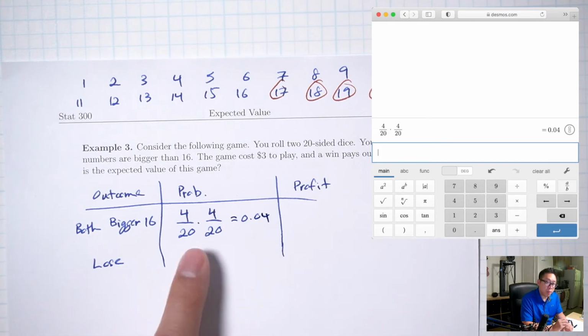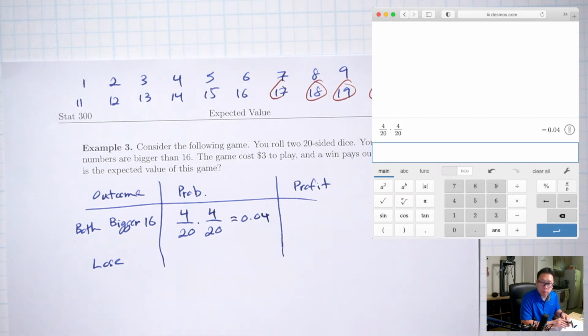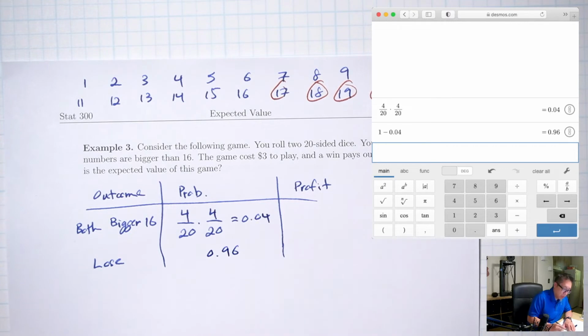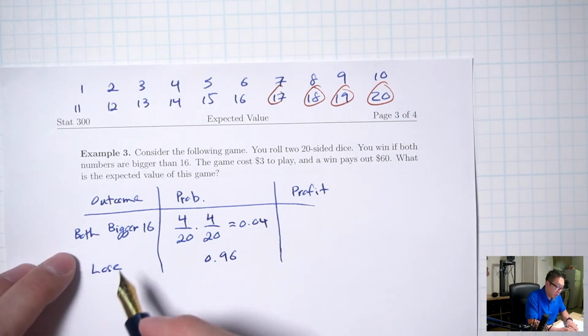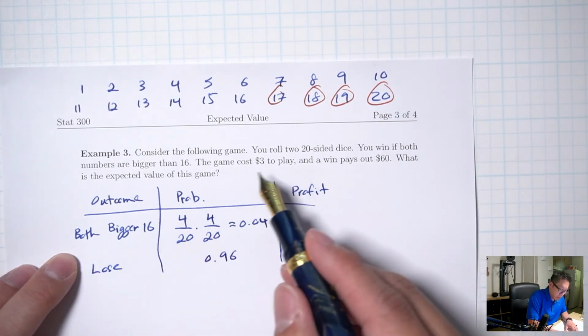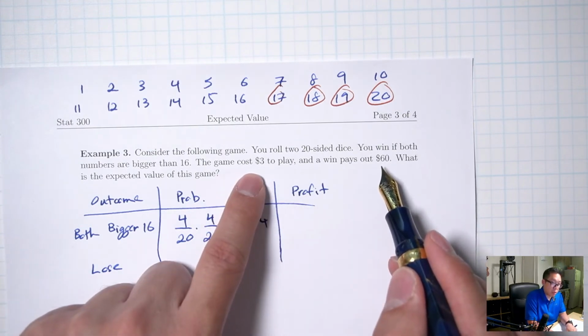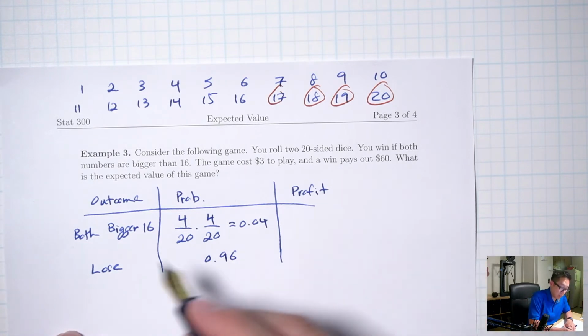We have to find the probability of losing, which is the missing one. So just take 1 minus 0.04. That's 0.96. And now let's find a profit. Okay, so if both are bigger than 16, you win $60, but the game costs $3 to play, so you have to subtract that $3 off, which means you're at 57. So profit of 57.